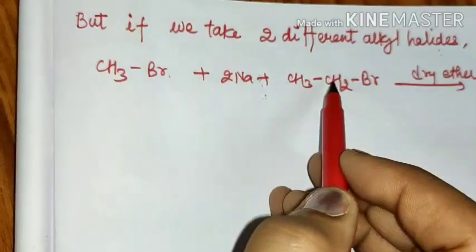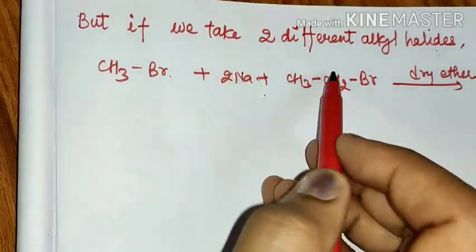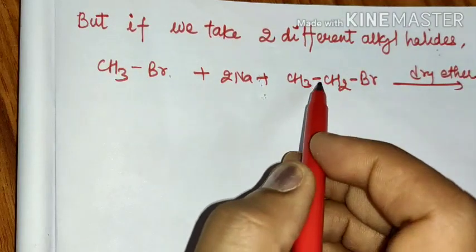And 1 methyl bromide and ethyl bromide react with each other to form propane.